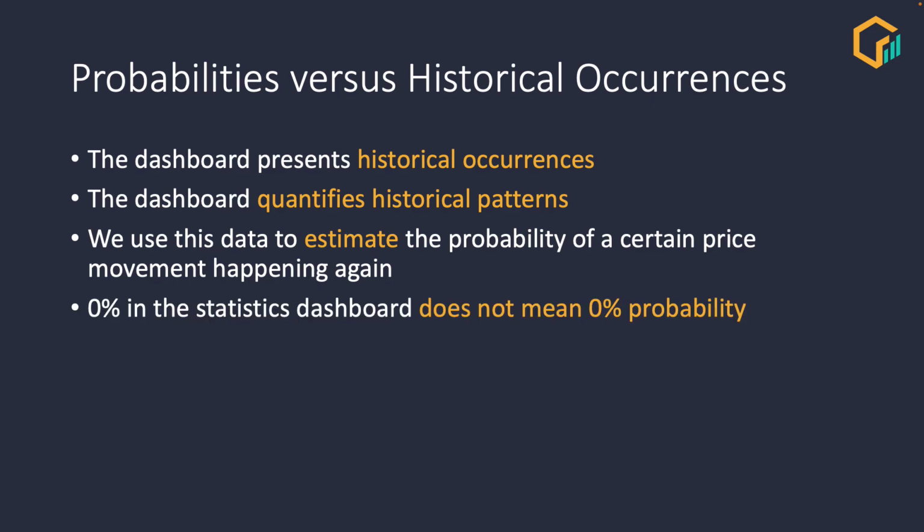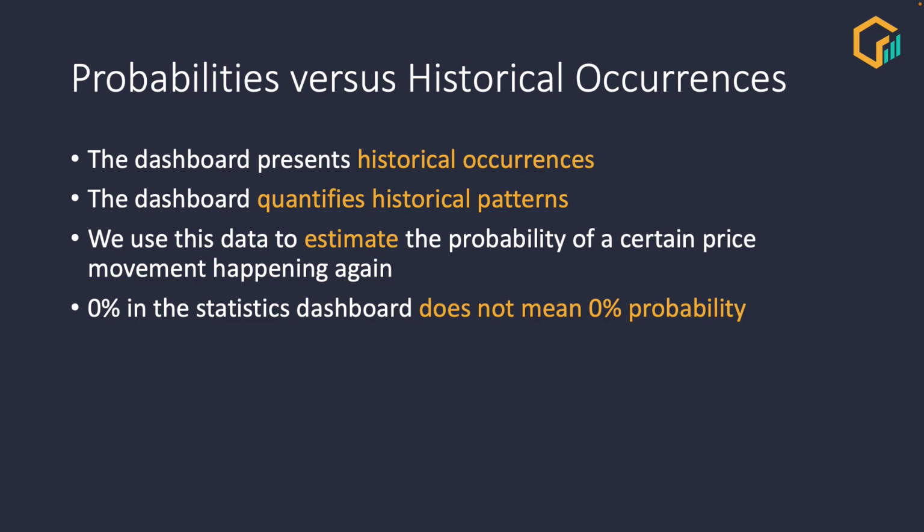estimating the probability. So this has an implication: if you see 0% in a statistics dashboard, that doesn't mean there's a 0% probability. Say we have a certain price movement and you see 0% in that statistics dashboard. That doesn't mean there's a 0% probability that it will happen. It simply means that in 0% of the cases did this happen in your selected time range, with the settings you have selected.